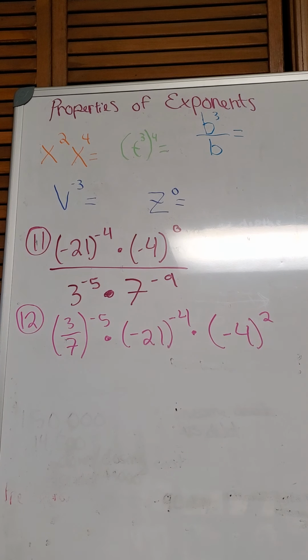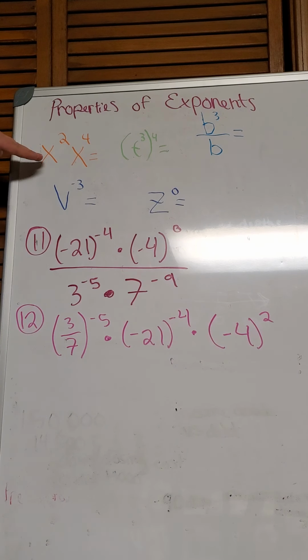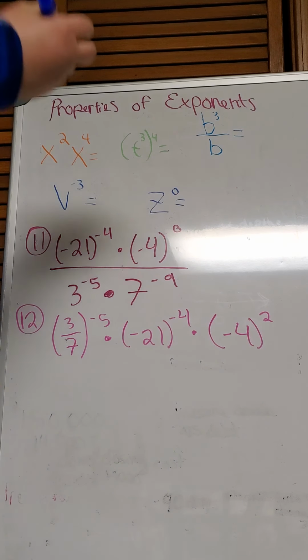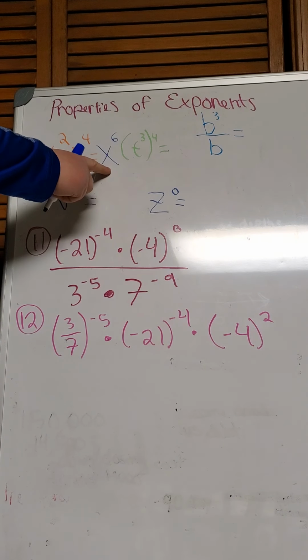It does not matter if it's a variable or a number, I add exponents. So for this first one, because it's x squared times x to the fourth, that's going to give me x to the sixth because I'm adding exponents. So that's what the first one would equal.